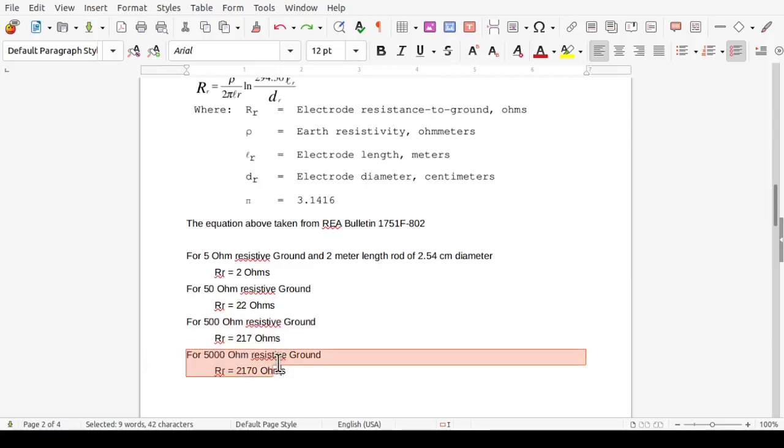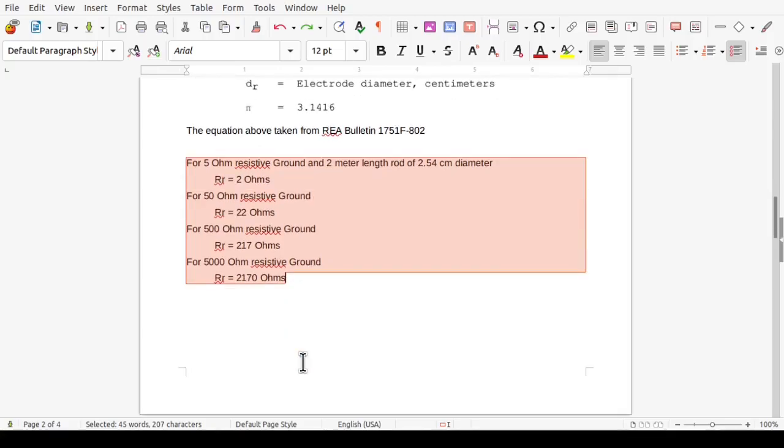And if, for instance, we have a lot more rock than we do have clay or soil, well, we now have a lead to a 2,170 ohm resistor. Far, far, far worse than my original 100 ohm sample. But all of this is representative of some amateurs' experience in their locality.